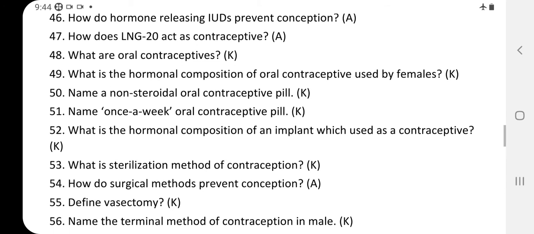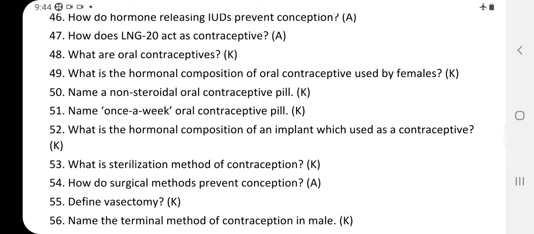Name a non-steroidal oral contraceptive pill. A non-steroidal oral contraceptive pill is Saheli. Next, 51. Name once a week oral contraceptive pill. The once a week oral contraceptive pill is again the Saheli.